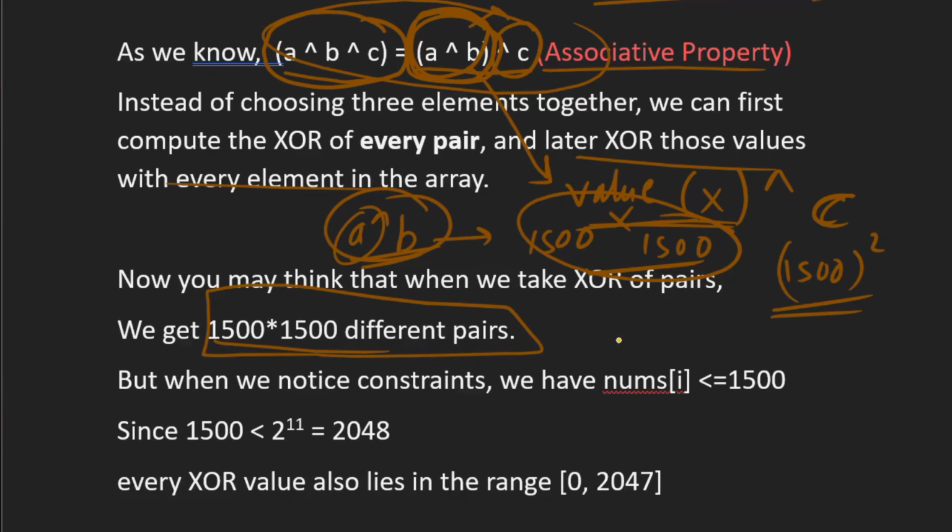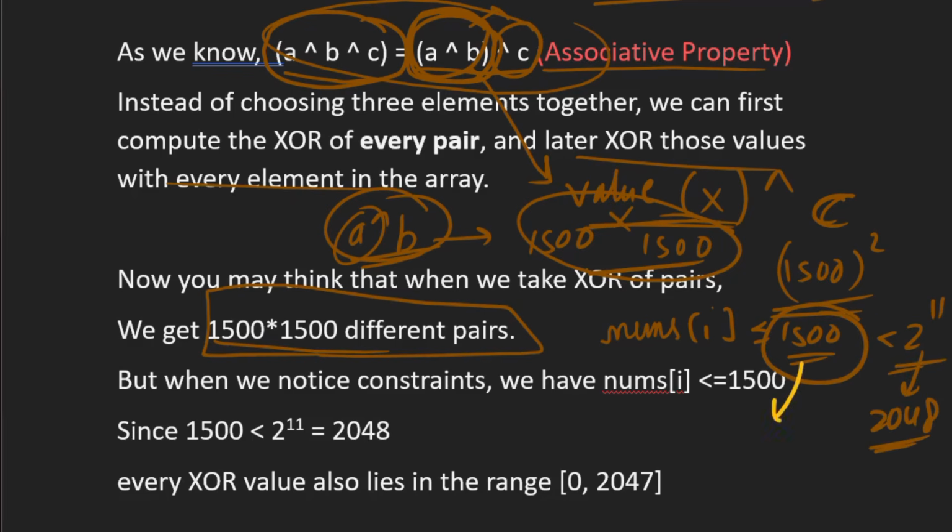But when we notice the constraints, nums[i] is less than or equal to 1500, and 1500 is less than 2 to the power 11, and 2 to the power 11 is 2048. So 1500 can be written with the help of less than 11 bits, or we can say under 2048.